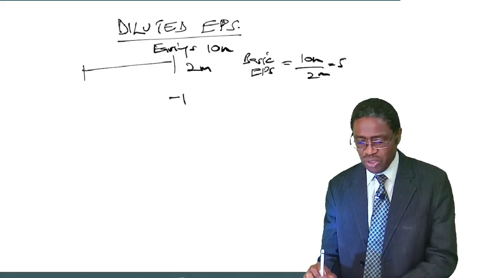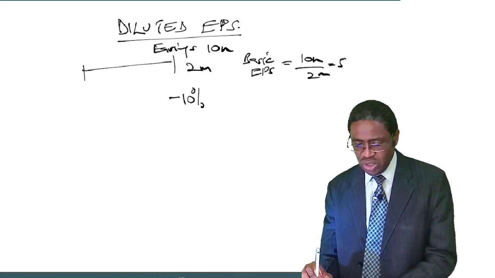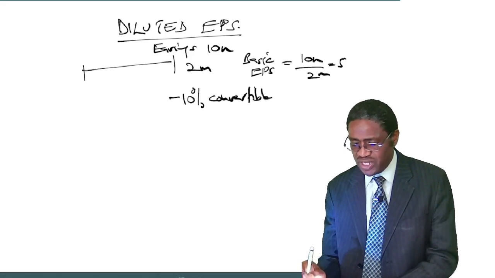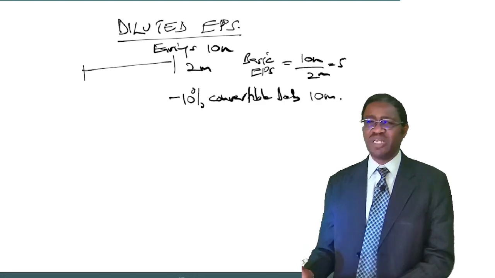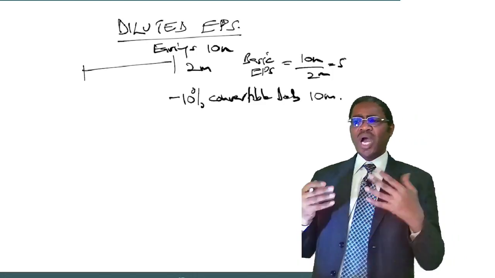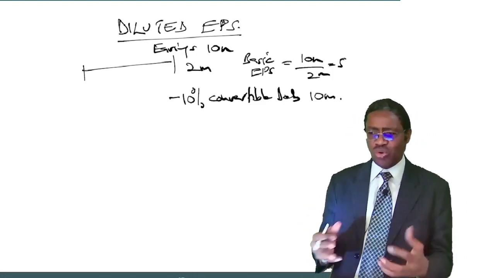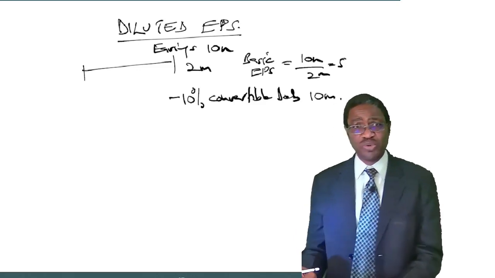For example, we started with an example where we had a 10% convertible debenture as one of the potential ordinary shares, and we assumed it to be 10 million. So how do you use that potential ordinary share, the convertible debentures, to compute the diluted?